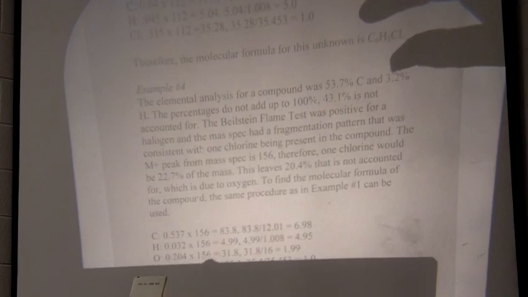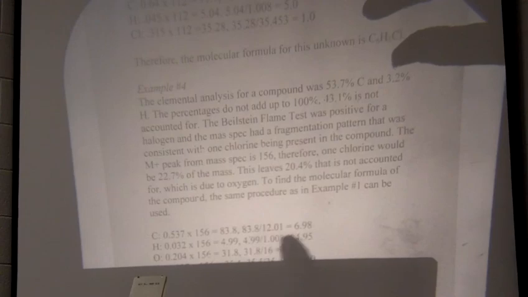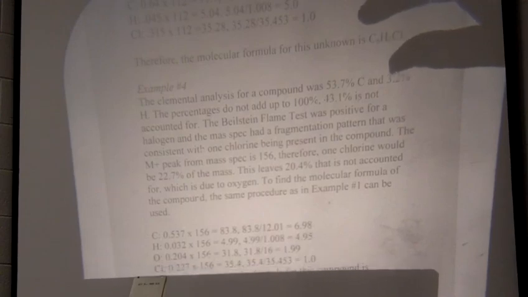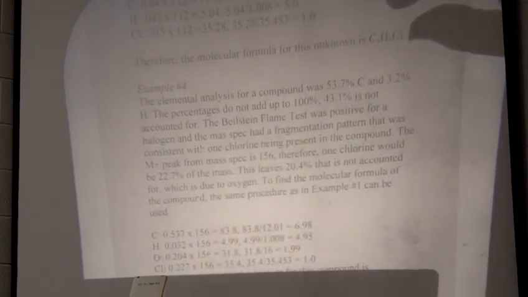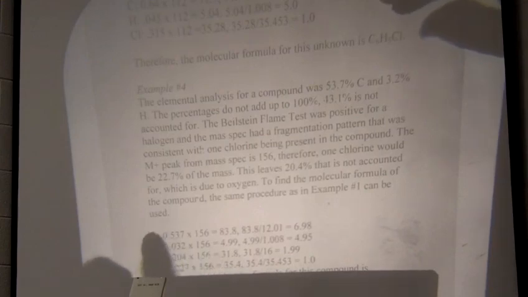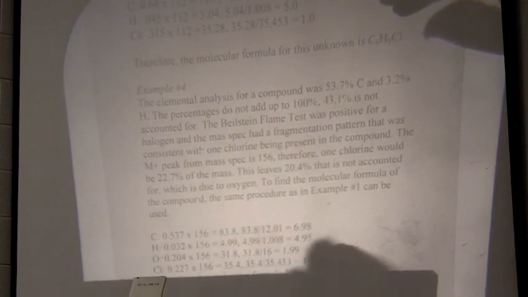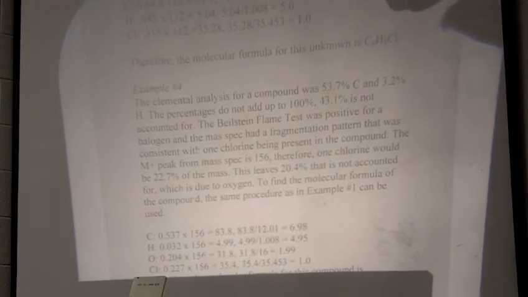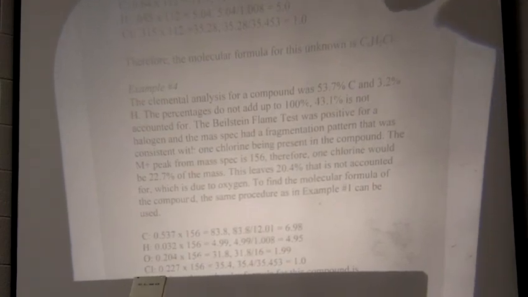We multiply that by the 156, get 31.8, divide by 16, and we get 2, okay? So in this more complicated case, where you have the halogen and no nitrogen information but have leftover information, you put together the carbon and hydrogen as best you can, figure out what your halogen is, and then go back and use that for the remaining piece to figure out the oxygen, okay? All right, questions with that?